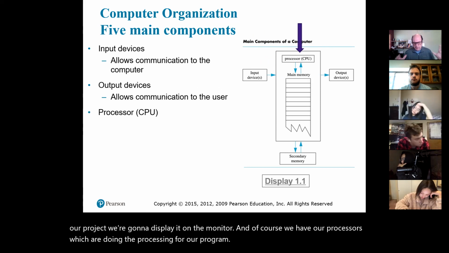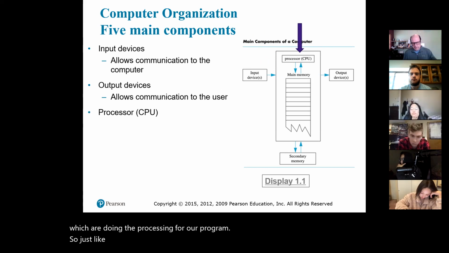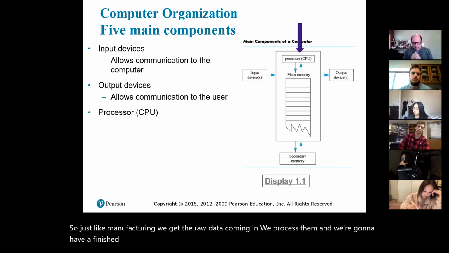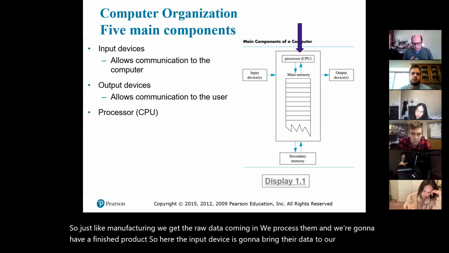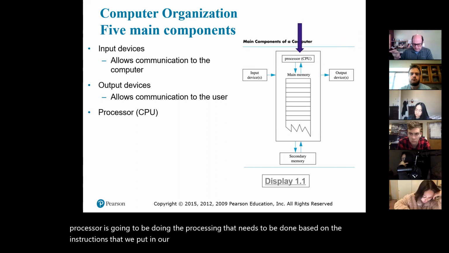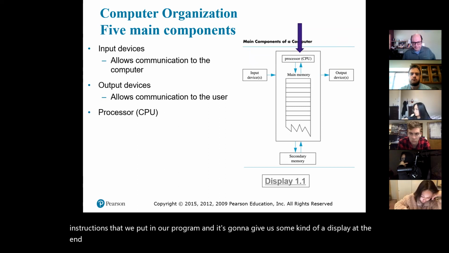Just like manufacturing, we get the raw data coming in, we process it, and we have a finished product. Here, the input device is going to bring the data to our program. The processor is going to do the processing that needs to be done based on the instructions that we put in our program, and it's going to give us some kind of display at the end to see the result.